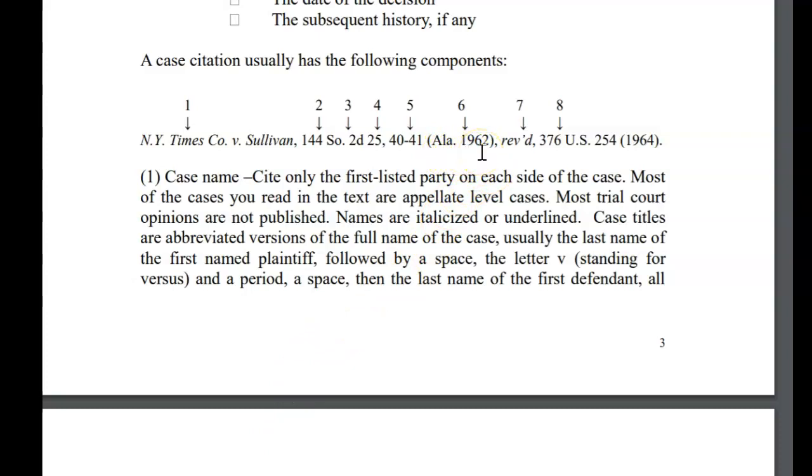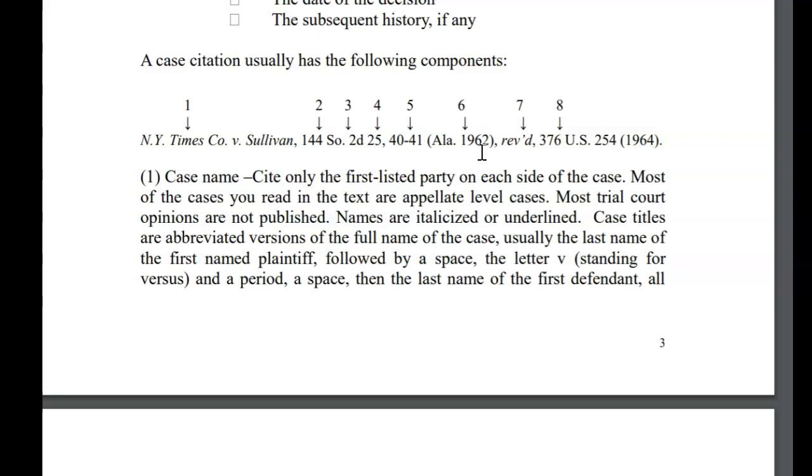Now, sometimes it's obvious from the name of the reporter what court has made this decision. For example, if you see U.S., that stands for the United States Reporter. That again is the official reporter for our federal Supreme Court opinions.